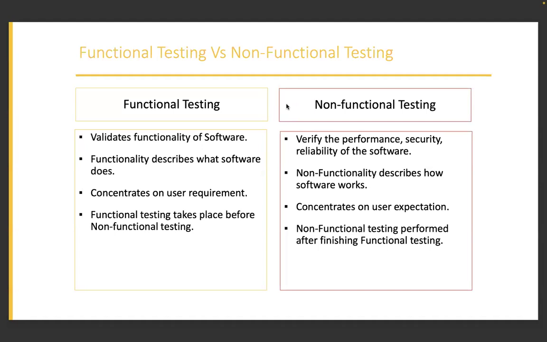So basically, guys, for performance and security, we will have altogether separate tools. It's not like we will do it along with Selenium automation. There are several other tools available in the market, such as JMeter, NeoLoad, LoadRunner, Gatling.